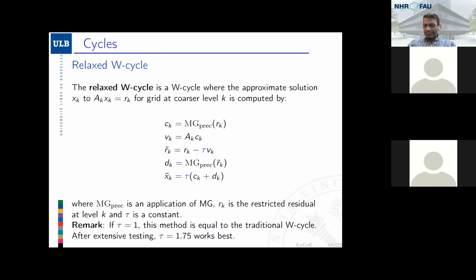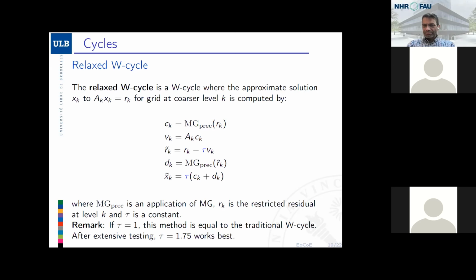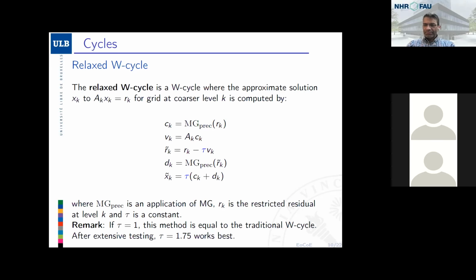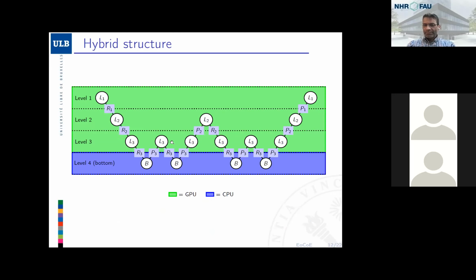But what helped the most is that there are no many copies between the host and the device, and also the increasing of the threshold of the CPU allowed us to benefit of the size of the finer grids, because this is the biggest bottleneck when you go on coarser grids.